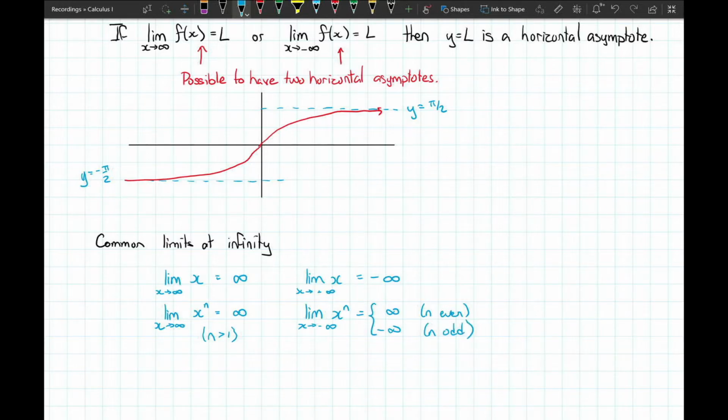But in all of these cases, powers of x to the n for n greater than or equal to 1, we see that the limit doesn't exist. It's always going to go to positive or negative infinity, which is why polynomials never have horizontal asymptotes.